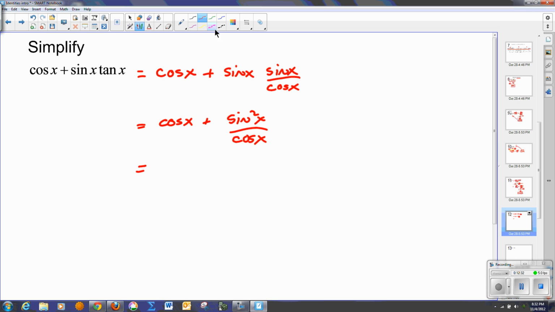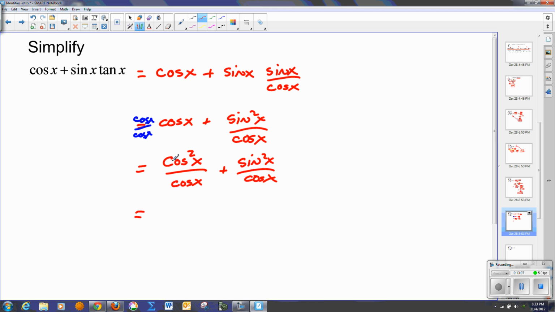So what I'm going to do is I'm going to take and multiply this cosine by cosine over cosine so that I can have a common denominator. In doing so, I get cosine times cosine, which is cosine squared of x, over cosine, plus sine squared of x over cosine.